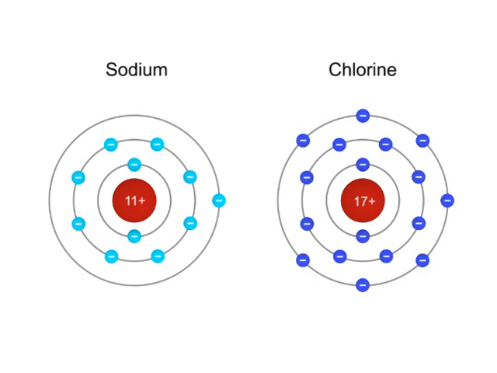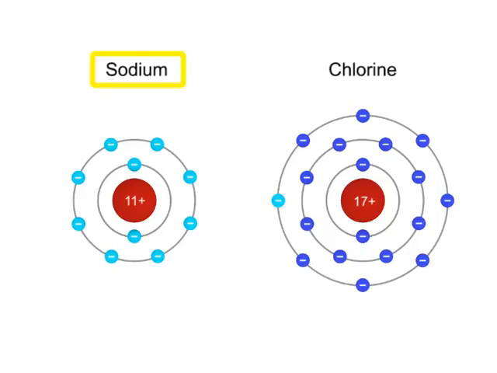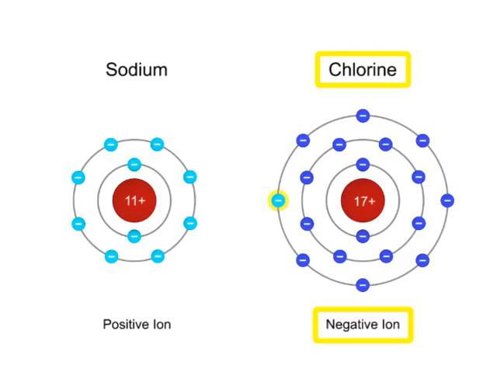Thus, when salt is dissolved in water, sodium will readily give up its loosely held valence electron to chlorine, making both atoms more stable. With its one less electron, sodium becomes a positive ion, and chlorine, with the addition of an electron, becomes a negative ion.